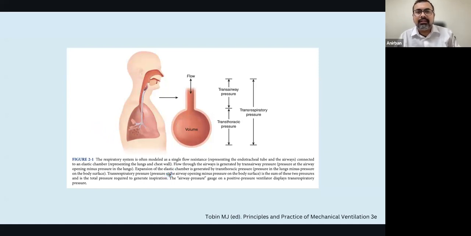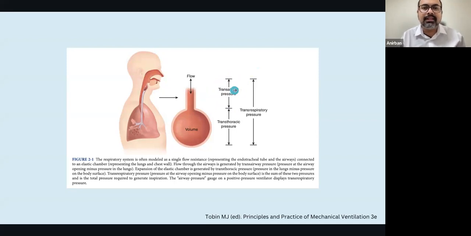So if you increase the pressure at your airway opening, at the opening of your mouth or any artificial airway like an endotracheal tube, compared to your body surface, then you are going to generate a flow. Now, this trans-respiratory pressure can be divided into a trans-airway pressure and a trans-thoracic pressure. When the ventilator is ventilating a lung, it is generating a pressure to combat two types of forces which are impeding ventilation.